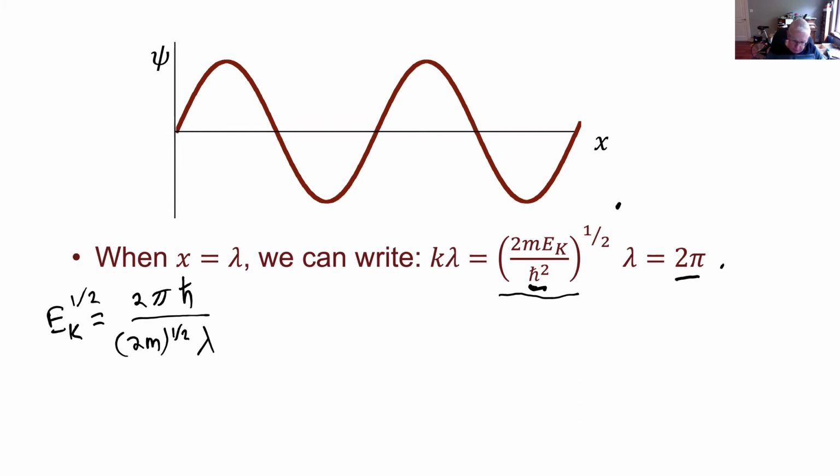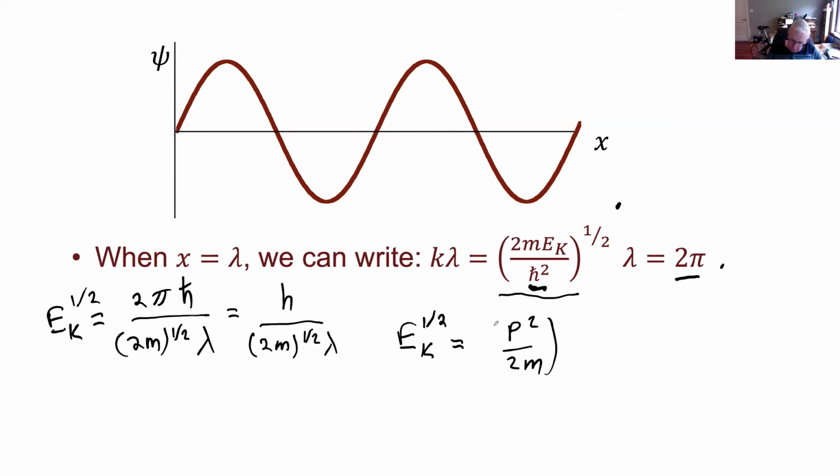Okay, a little bit of cleanup on there. I can get rid of the 2 pi and turn the h bar just into h. If I do that, then I've got 2m to the 1/2 and lambda here, right? The other thing I'm going to do is say that we also know from good old classical physics that the square root of the kinetic energy should be equal to the square root of p squared over 2m, which is the kinetic energy, right?